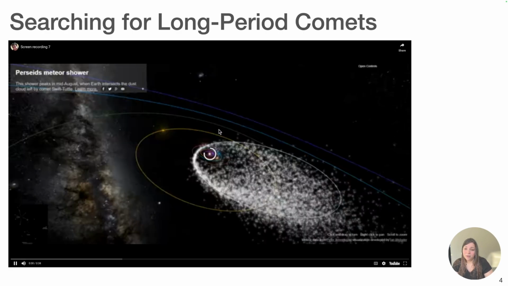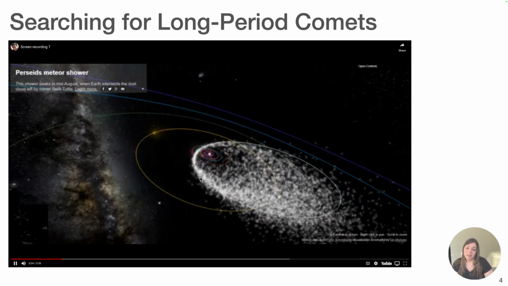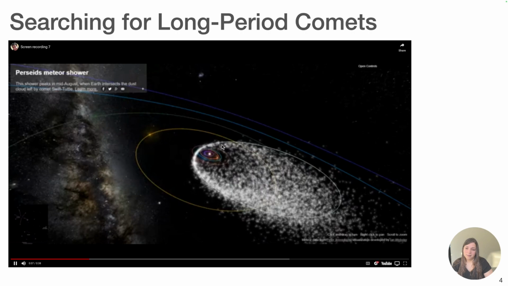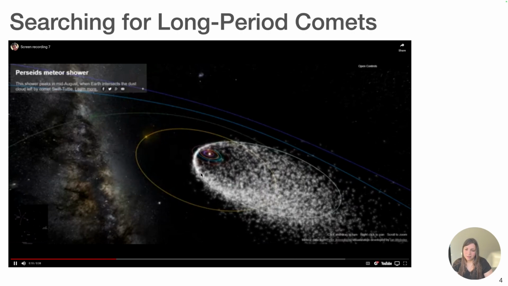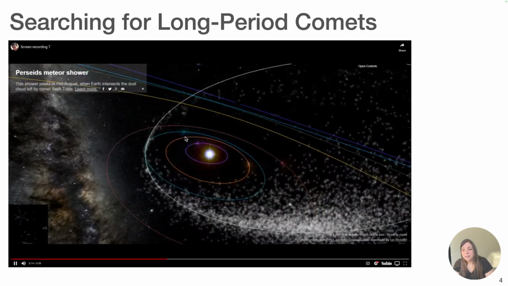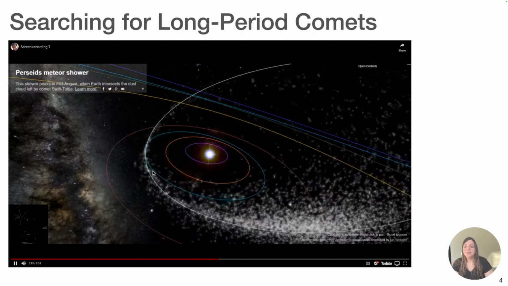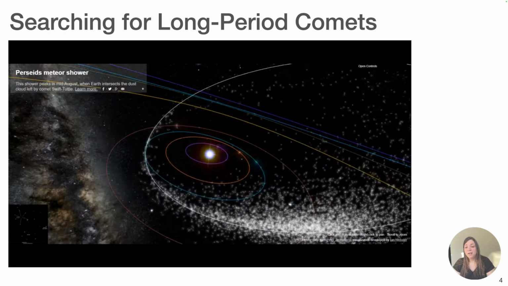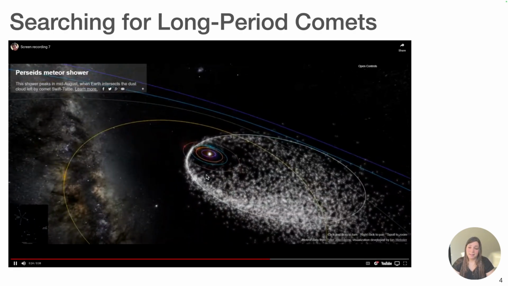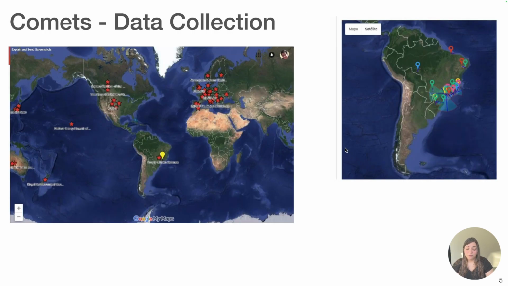When Earth passes by the orbit of the comet, so for example here we see an orbit of one known comet, and as you can see there's a lot of debris that is released. When Earth, this little blue dot, passes through that orbit, some of that debris burns into our atmosphere, and we see it as meteors. So meteors actually offer a clue for where comets might be that we haven't seen before.